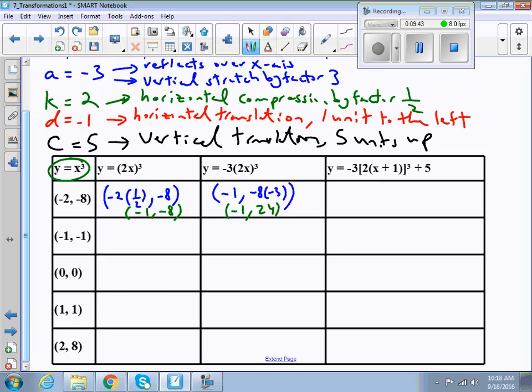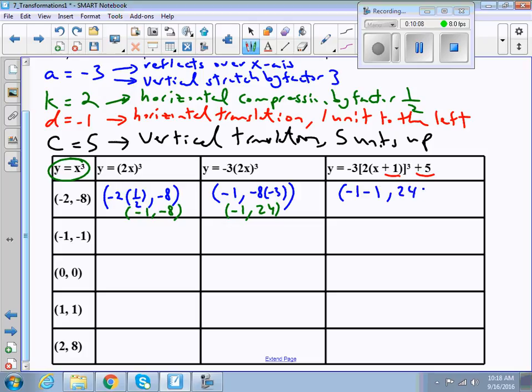Now that I have these, let's apply my horizontal translation and my vertical translation. So I'm gonna subtract 1 from my x-coordinate because I'm moving it left. So it's gonna be -1 minus 1. And I'm gonna add 5 to my y coordinate because I'm moving it up 5 units.